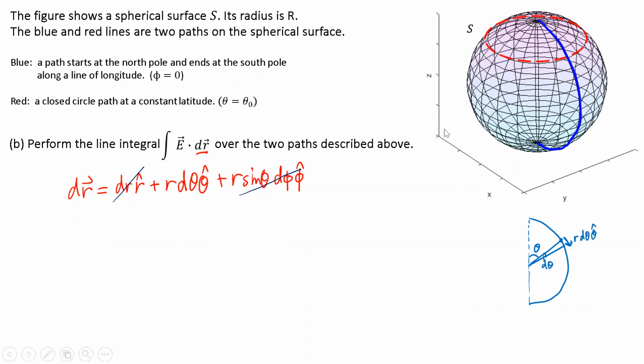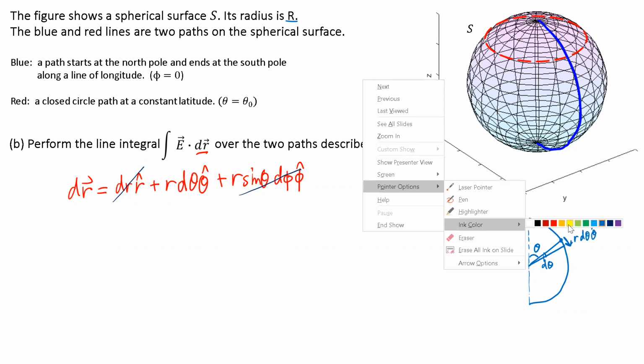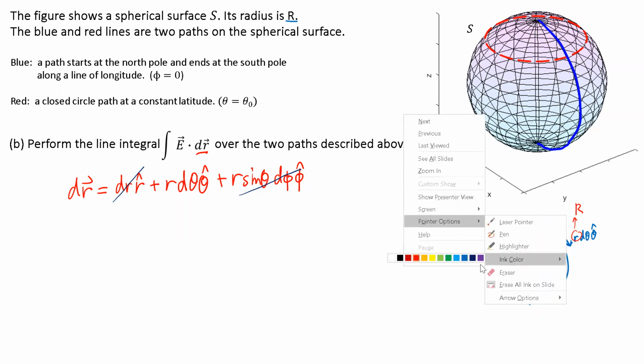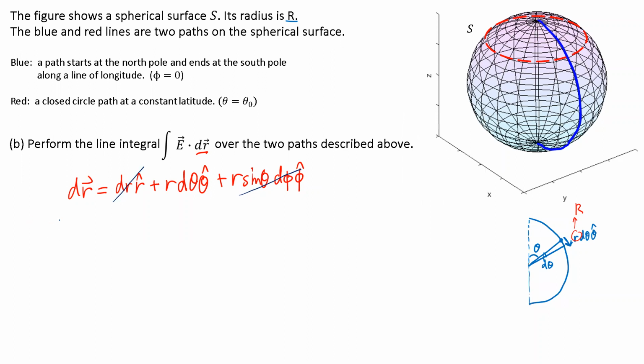Moreover, the r is always fixed at capital R. So that's why this small r really is capital R. So if I'm doing the line integral over this blue path, my dr is this capital R d theta theta hat.